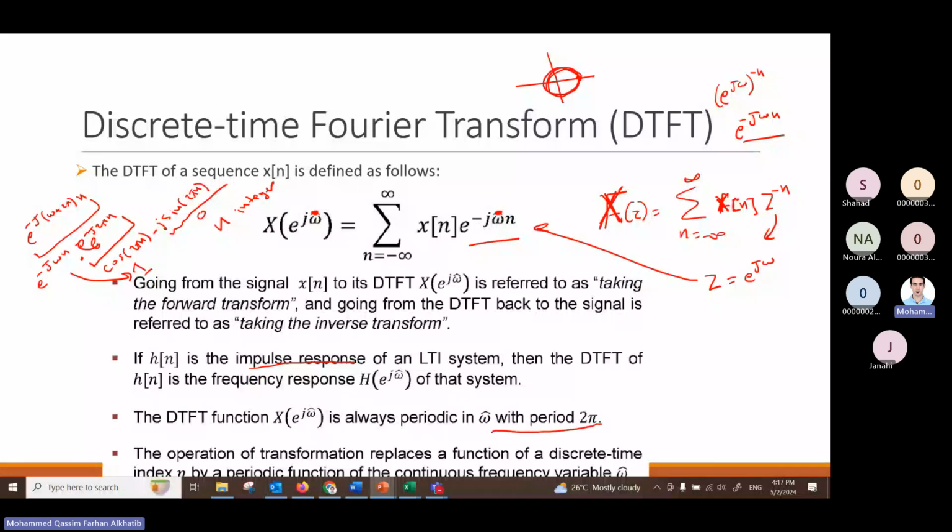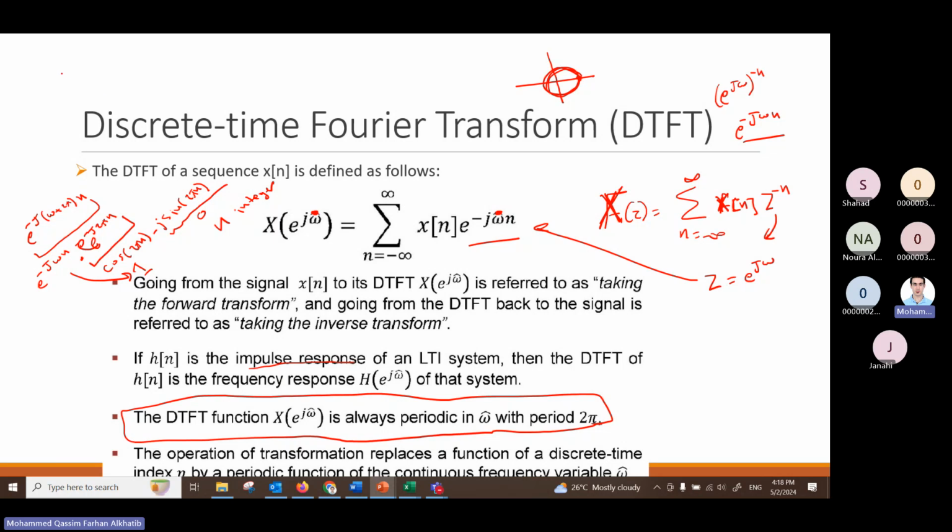So let's assume in the final exam you may face a question like this: prove that the DTFT is periodic over 2 pi. And this is the proof. Basically you start with omega plus 2 pi times n, which means that after 2 pi it is going to be the same function.